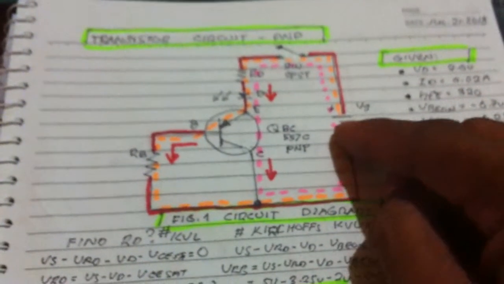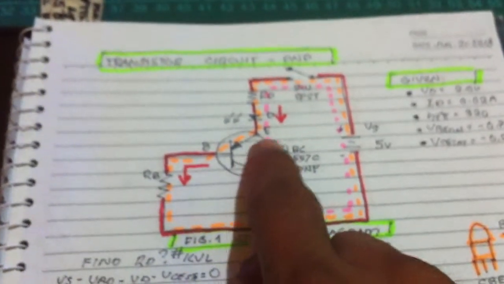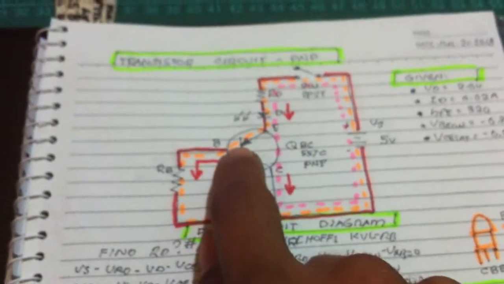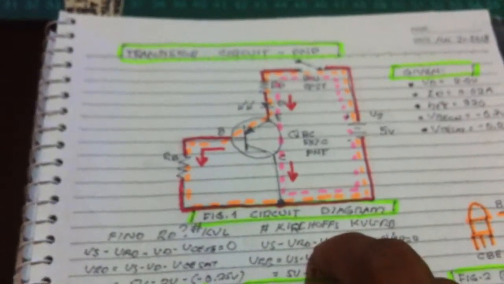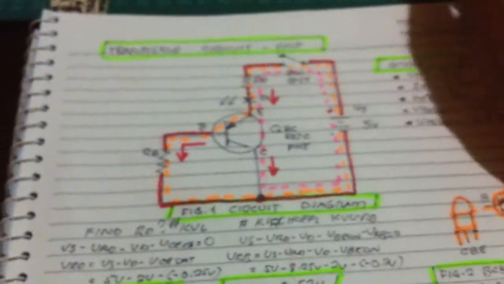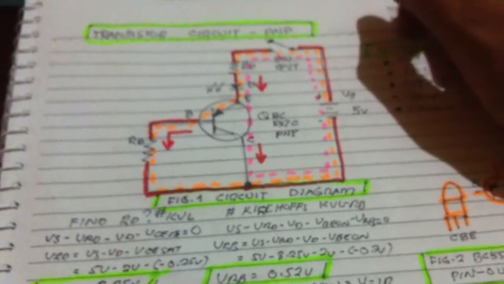Voltage supply minus the voltage drop across the resistor, voltage drop across the LED, voltage drop across the transistor emitter to base, voltage drop across the base resistor is equal to 0. Because according to Kirchhoff's, all voltages in a closed loop is equal to 0.